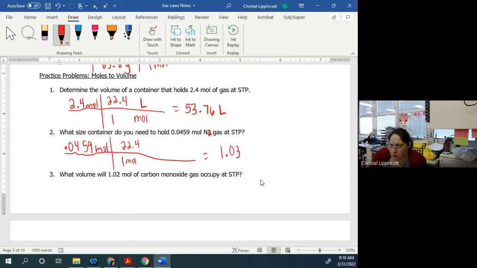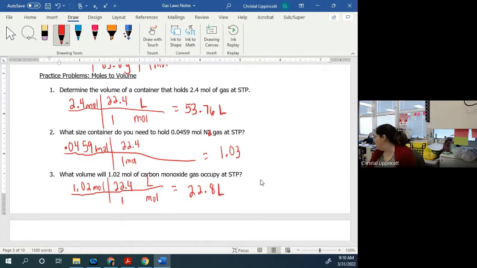And the next one, you have 1.02. Go moles into liters, and that ends up being 22.8. Easy enough?